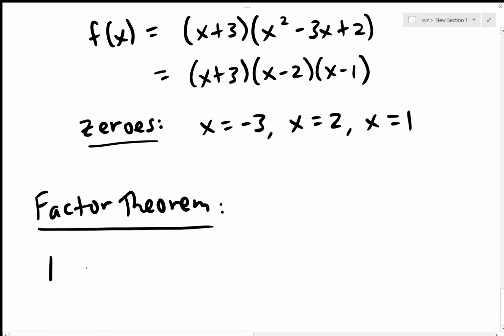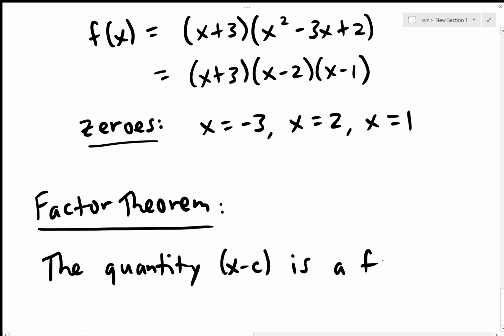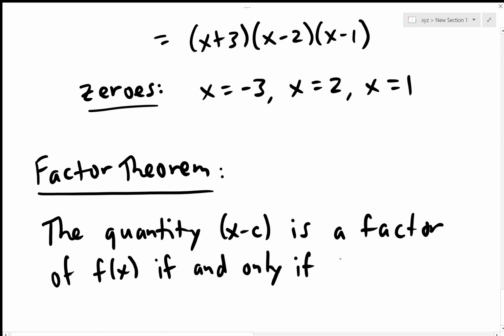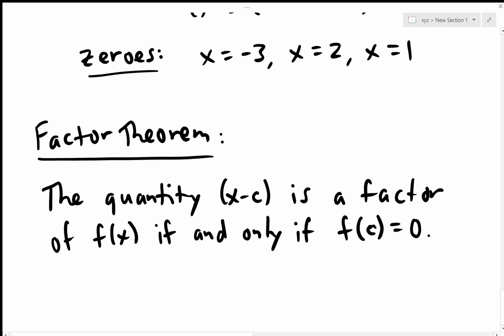This theorem states that the quantity x minus c is a factor of the polynomial f of x if and only if f of c is equal to 0. So when we know we're getting 0 as a remainder, we know that x minus c is a factor, and from there we're able to determine the other factors as well.